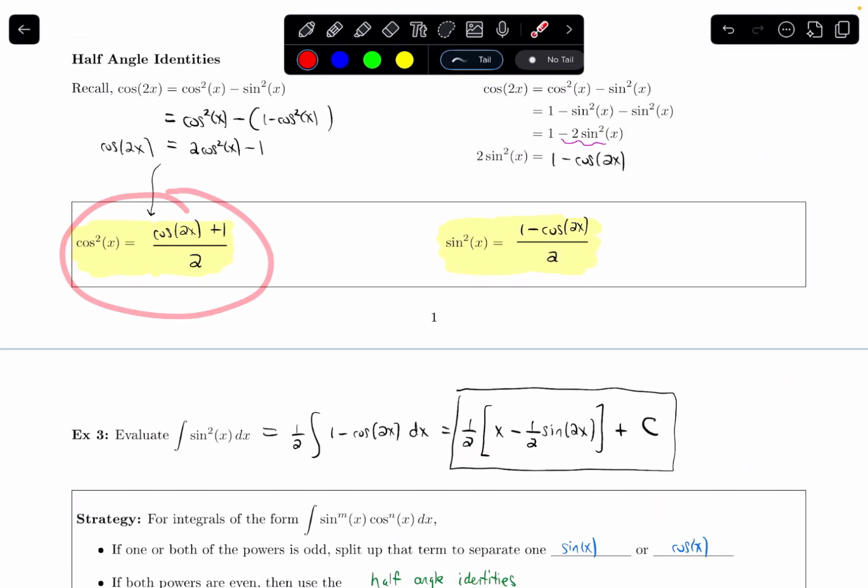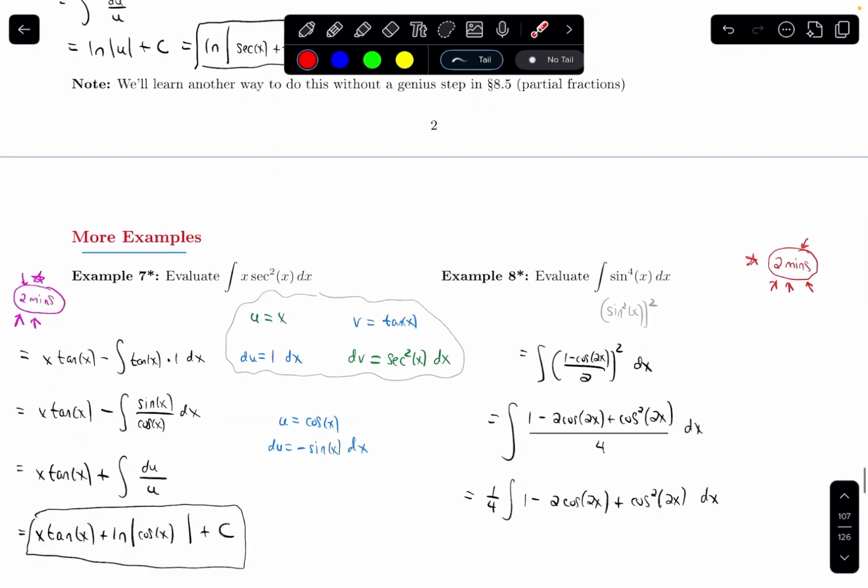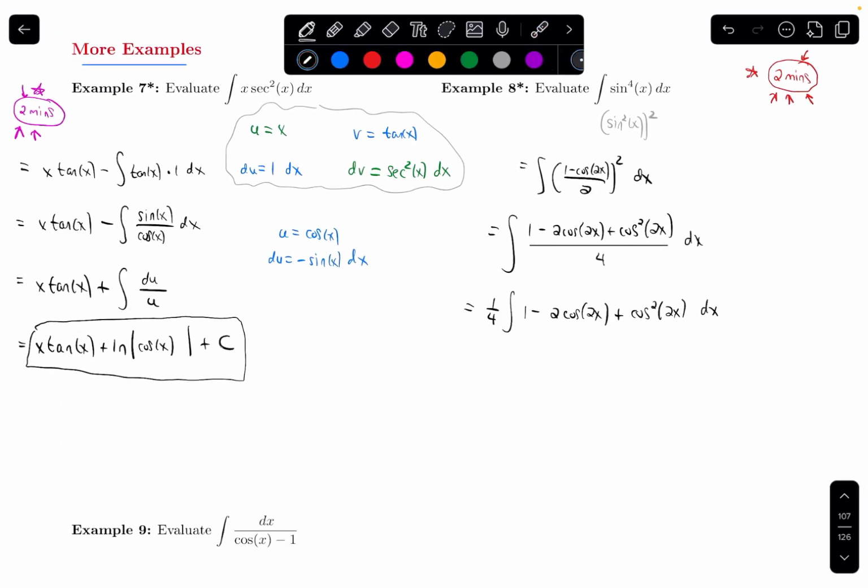It was this. So if I'm plugging in 2x here instead of just x, now I'm going to let x equal 2x on this side. So over here, instead of 2 times x, I'll get 2 times 2x. So it'll become cosine of 4x on the right. Okay, so if I rewrite what I have here, this cosine squared of 2x becomes 1 plus cosine of 4x all over 2.